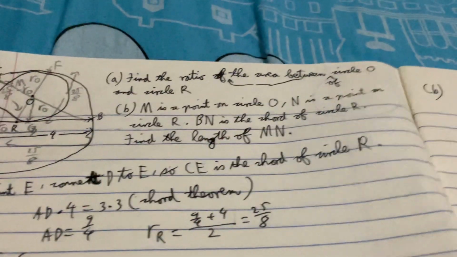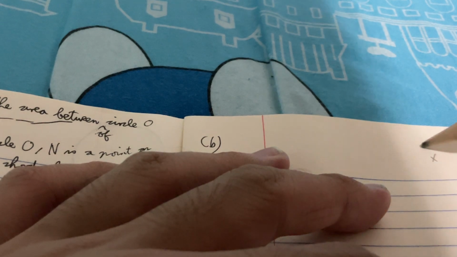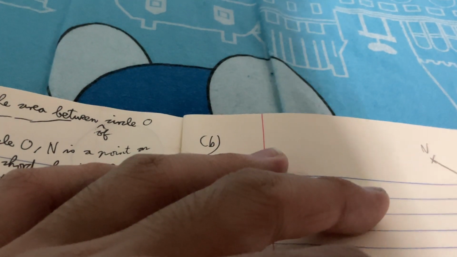So we know MN, but we don't know the length of MN. We are going to find it, connect N to M here, right?